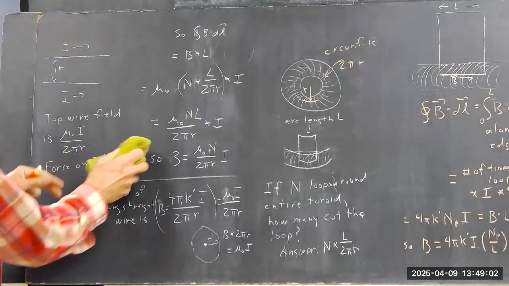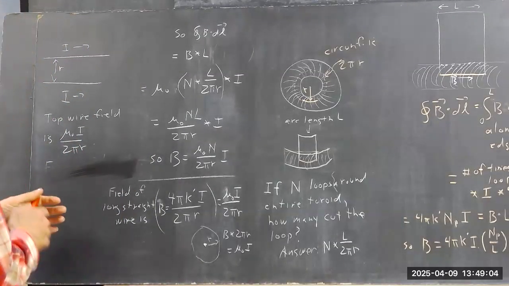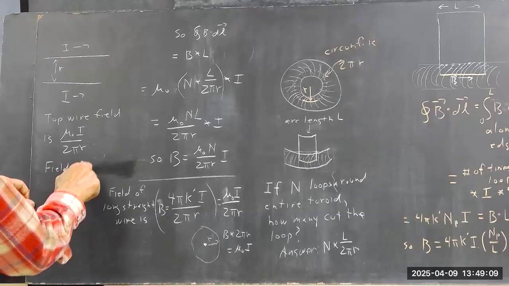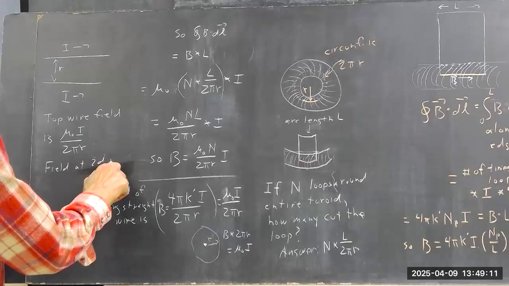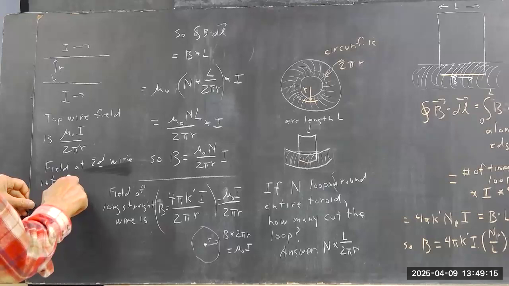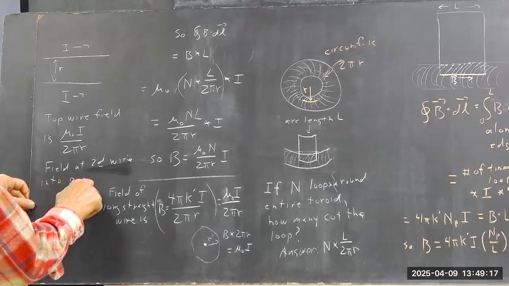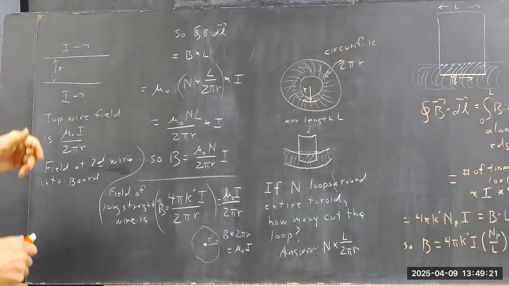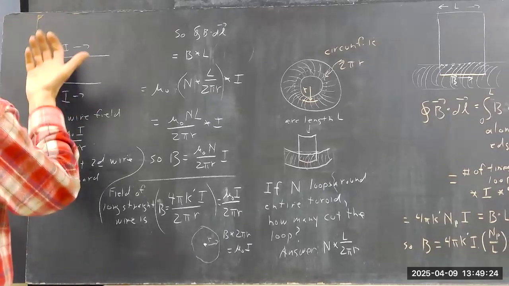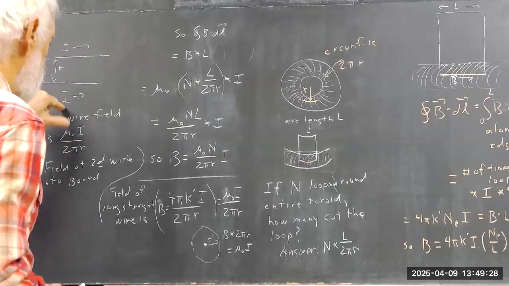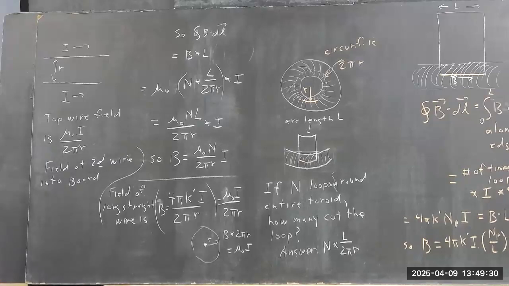A step I should include: the second wire would be into the board. If the current's in this direction, the field's surrounding like this, so the field's into the board here, and the current is here.